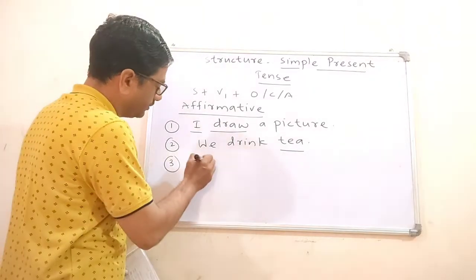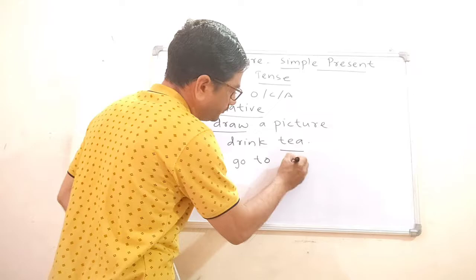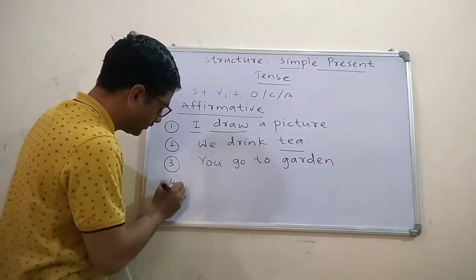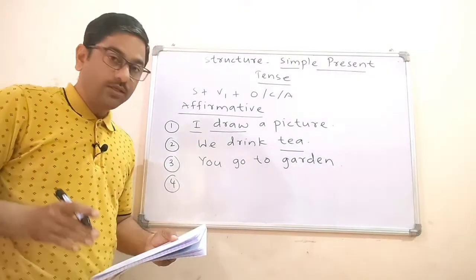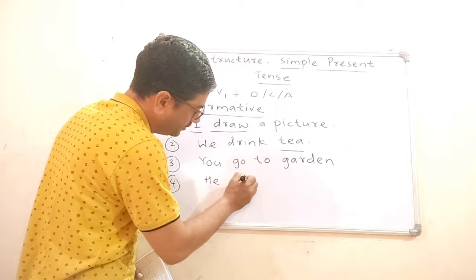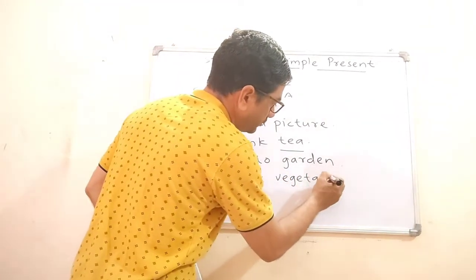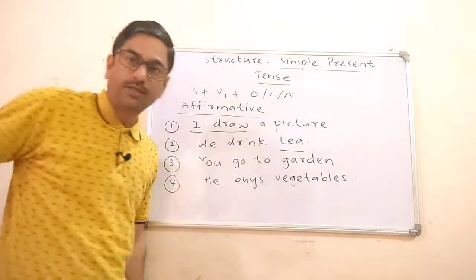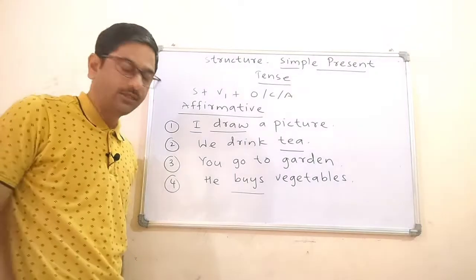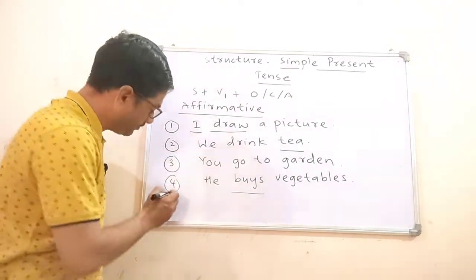You go to garden. He buys vegetables. Look here, we have made use of the s form of the verb because the subject is he.